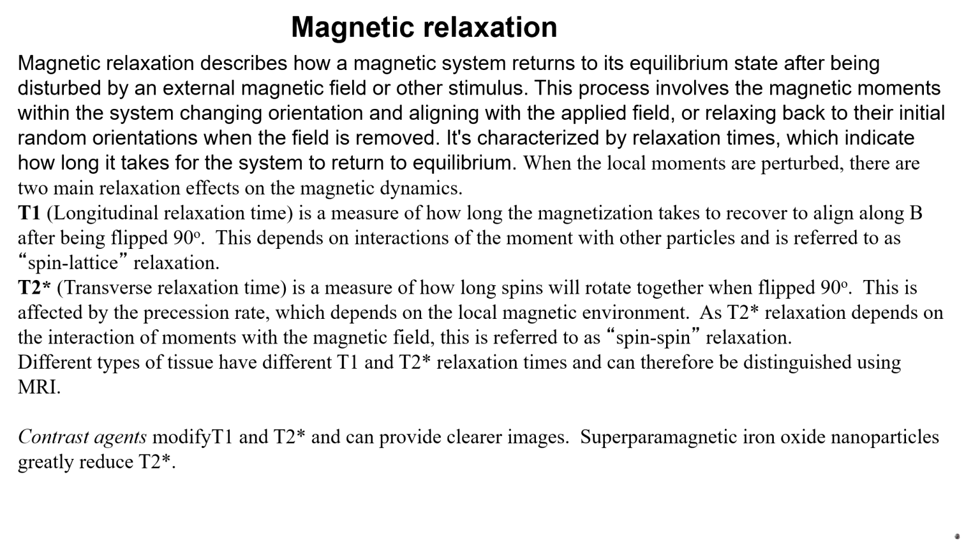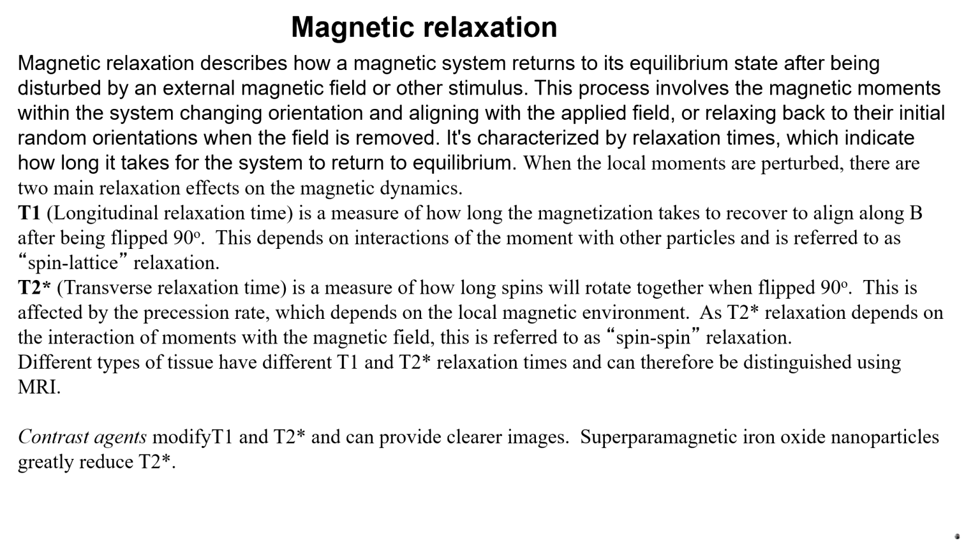So T1 is the longitudinal relaxation time, while T2 is the transverse relaxation time. T1 is a measure of how long the magnetization takes to recover to align along B after being flipped 90 degrees. This depends on interactions of the moment with the other particles and is referred to as spin-lattice relaxation.